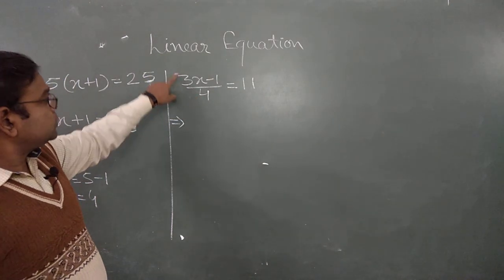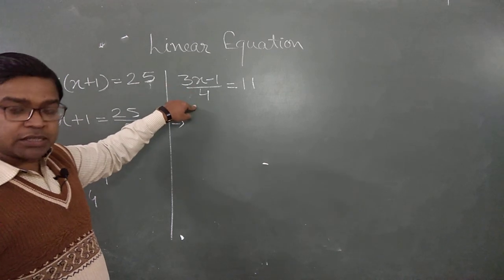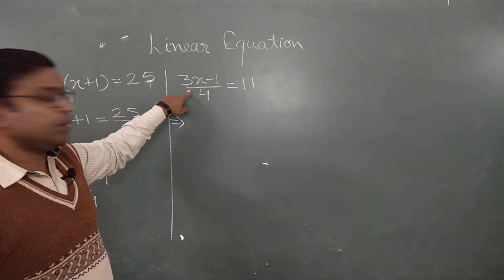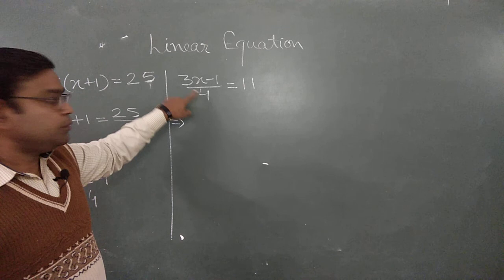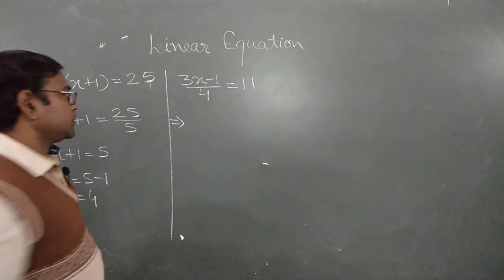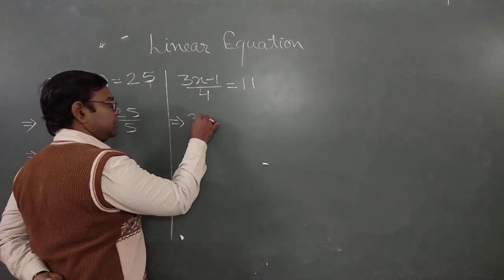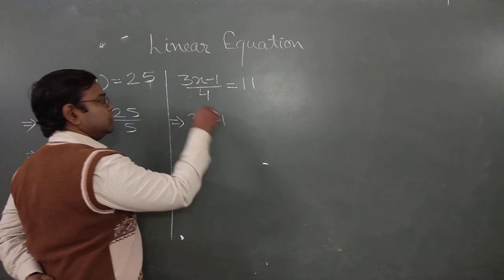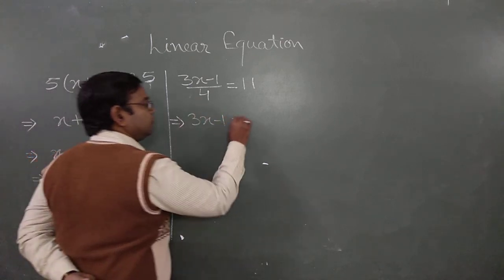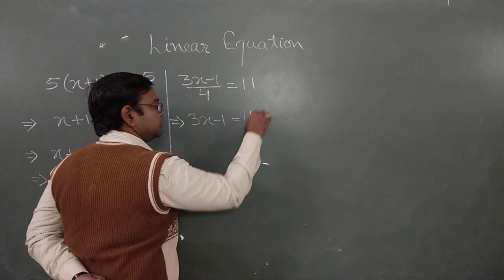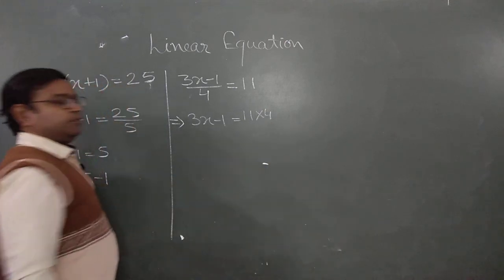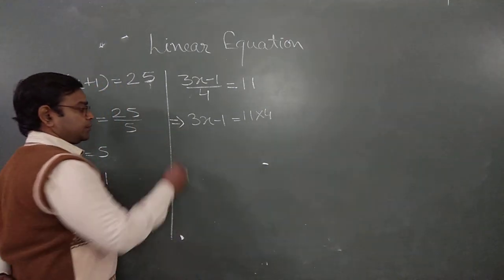In between these two expressions, there is an operation divide. So first we remove this expression. We have 3x minus 1. Though 4 is divided on this side, when we transpose it to this side, it goes to multiply form. Clear?